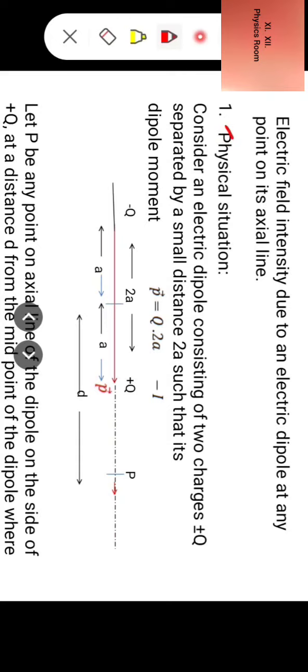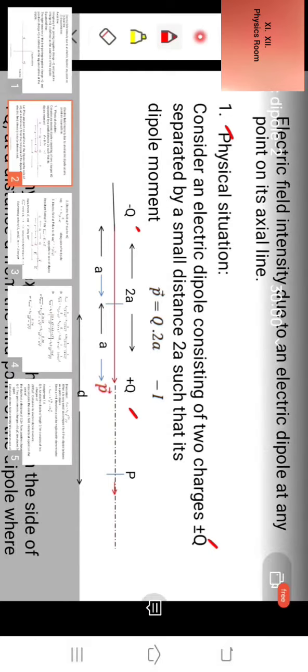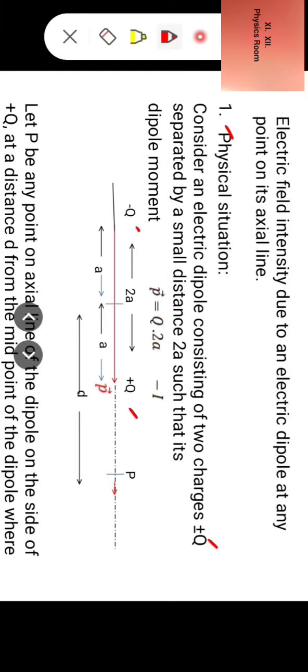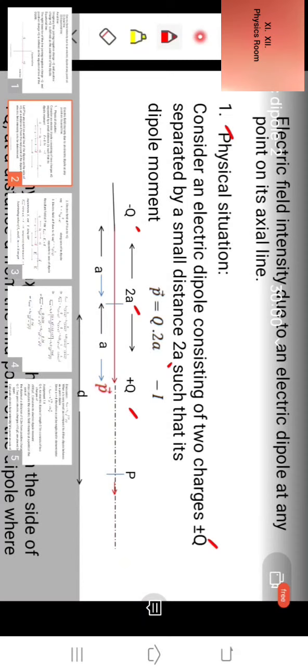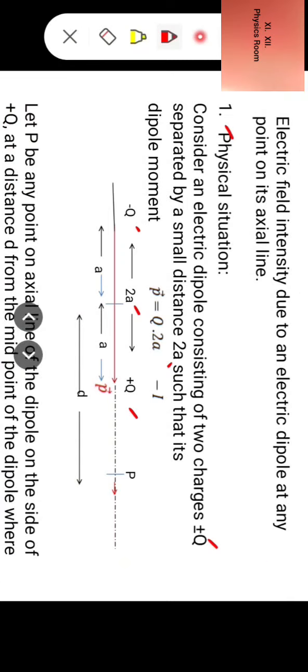Consider an electric dipole consisting of two charges plus q and minus q, separated by a small distance 2a, such that its dipole moment p is equal to q into 2a. Mark it as equation 1.